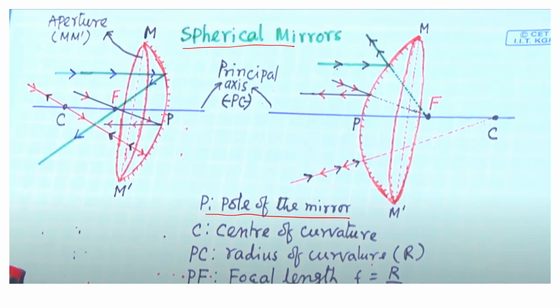This has great significance, because whatever incident light comes parallel to this imaginary line through the center of curvature and the pole, after reflection it will always pass through this half of the radius of curvature, which point is called the focus.